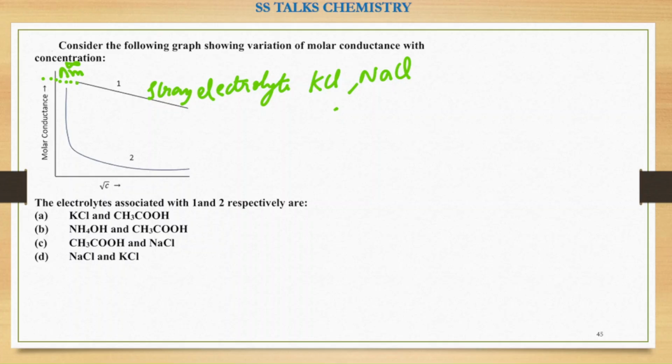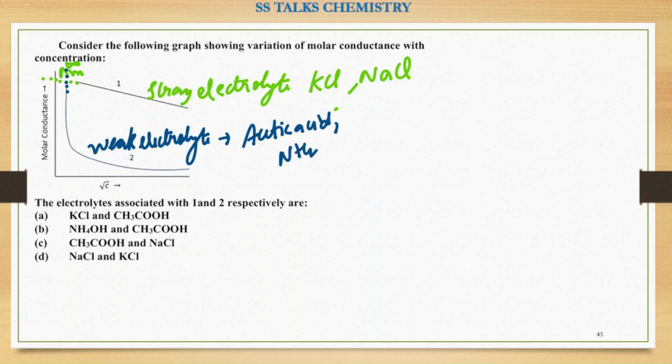Whereas in the second plot, if you extrapolate like this, it goes in a direction parallel to the axis. For this we cannot find the molar conductance at infinite dilution, because it is for a weak electrolyte, the one which shows only partial dissociation. Examples are acetic acid and ammonium hydroxide. These are weak electrolytes.